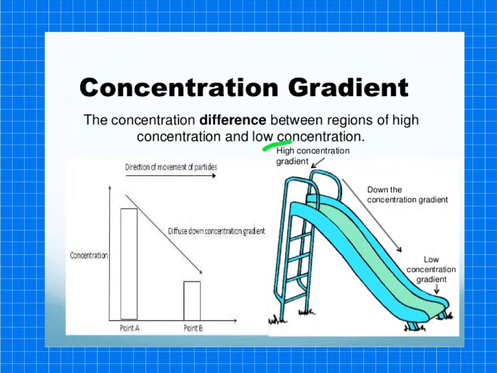Imagine a higher concentration at the top of the slide, and the movement of molecules down the concentration gradient to a lower concentration. The higher the difference between the higher and the lower concentrations, the faster the molecules will move.